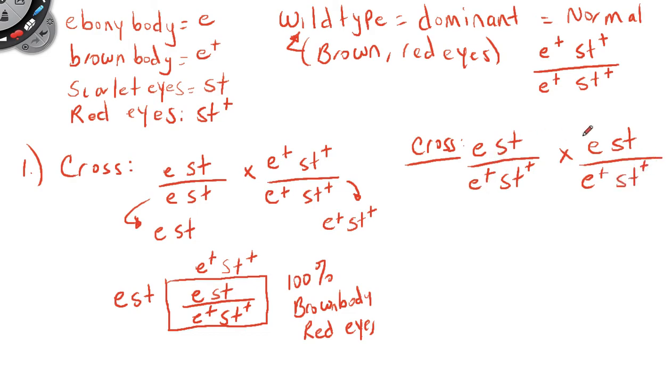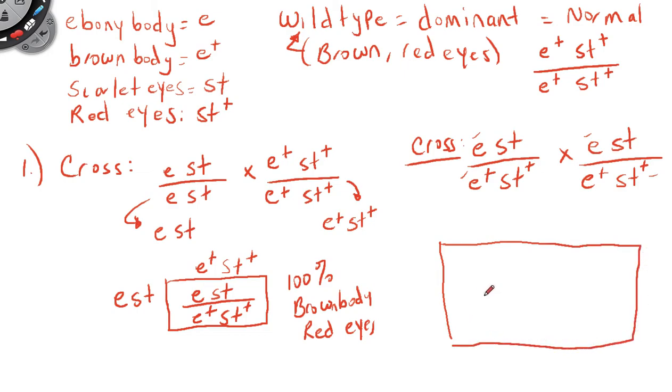Now this Punnett square is going to look a little different, right? Because you can have different possible gametes here. You can have this possible gamete or this possible gamete, and this possible gamete and this possible gamete. So now your Punnett square is going to be a little bigger here.